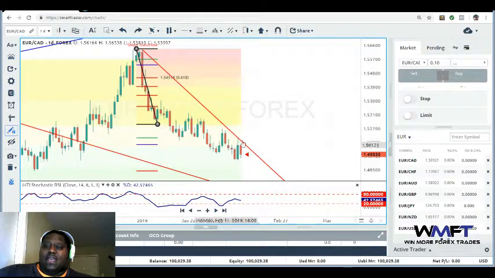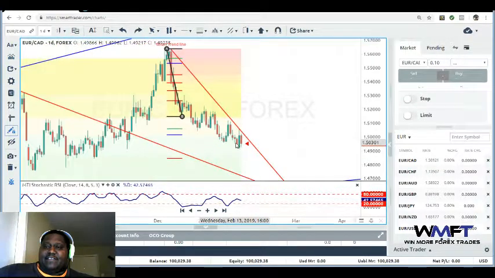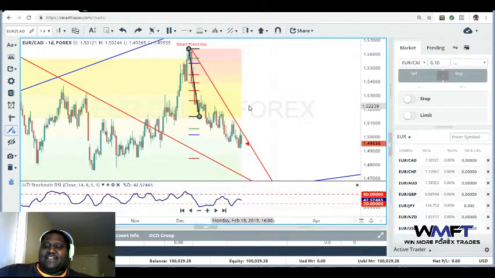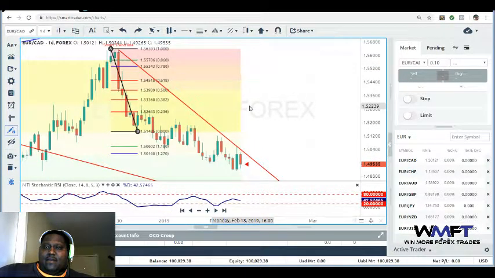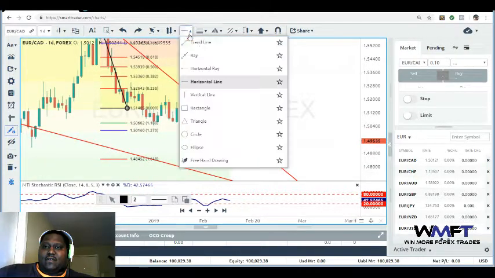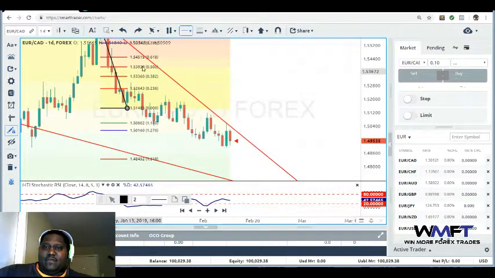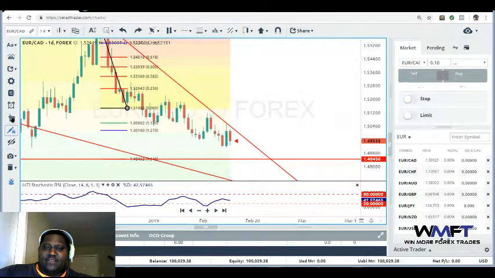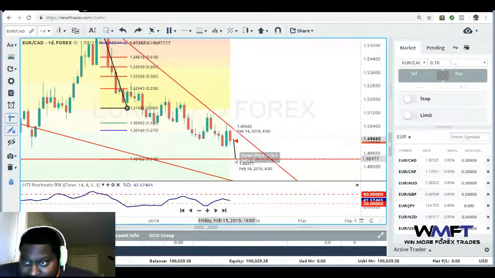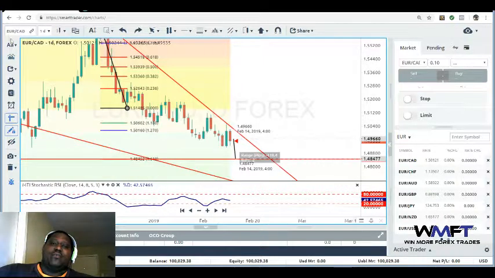So in that case, since we're still in the sell zone, we are going to look to sell the market down to this Fibonacci 161 AD extension, which that price point is 118 pips away from current price point.